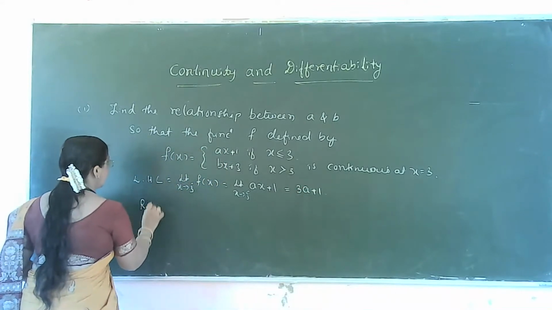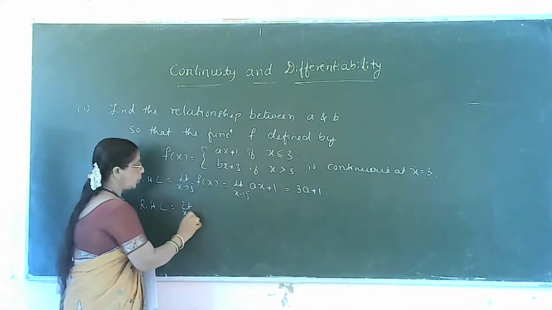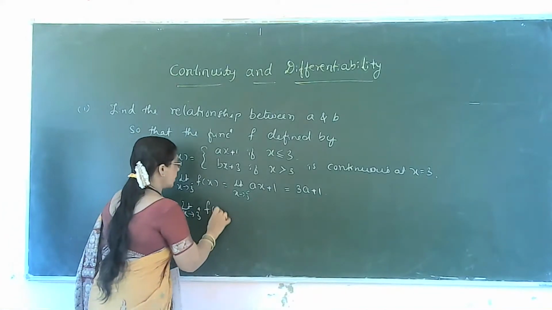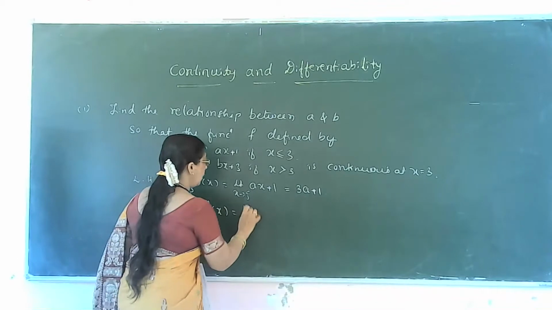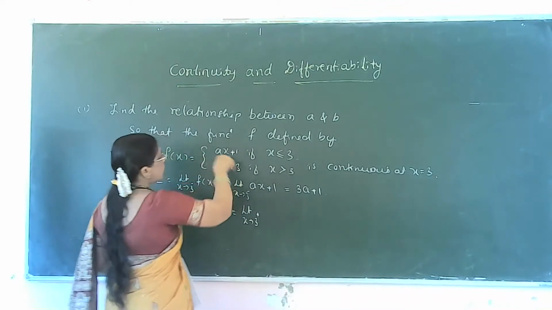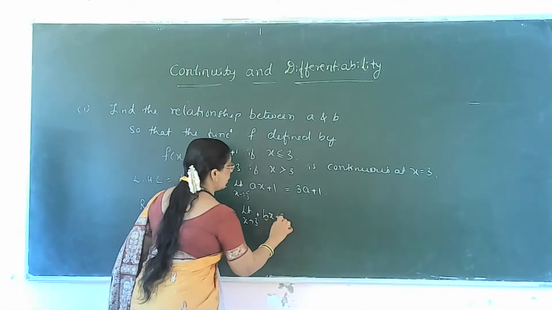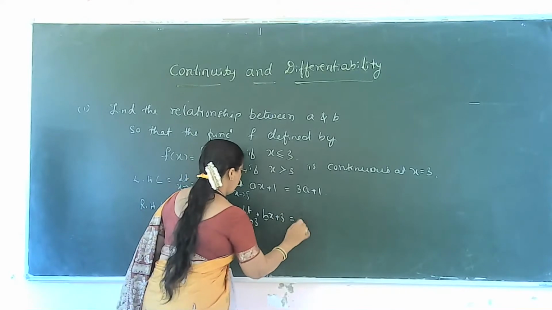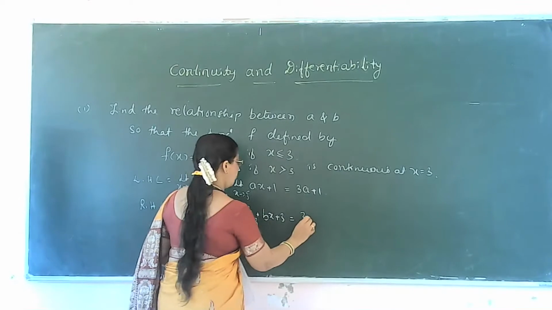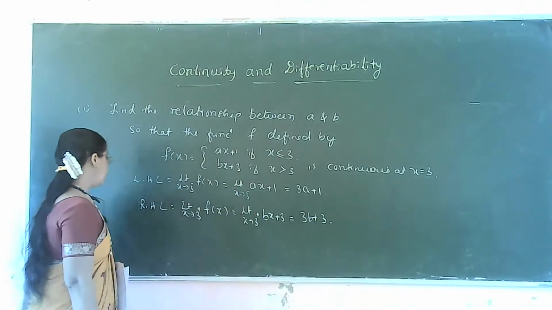And RHL is equal to limit of x tends to 3 plus f of x, which is equal to limit of x tends to 3 plus of bx plus 3, since x is greater than 3, which is equal to 3b plus 3.